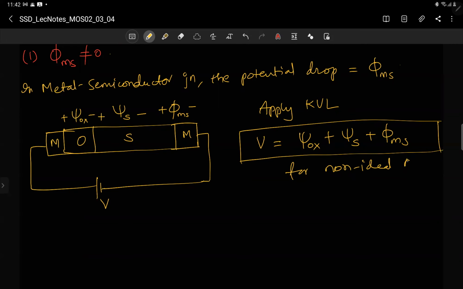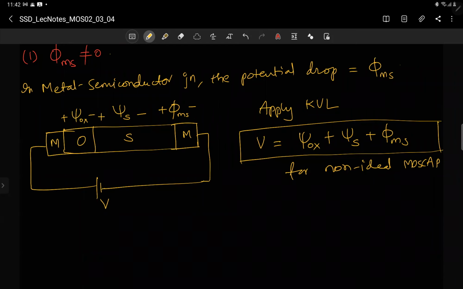Okay, so that is one important change. Do you remember what we had for ideal MOS? This is not there. We just said Psiox plus Psi S.